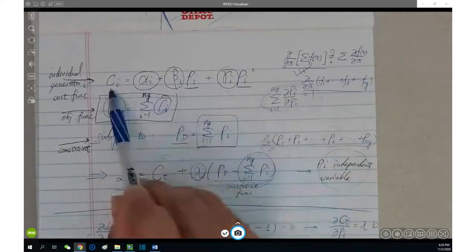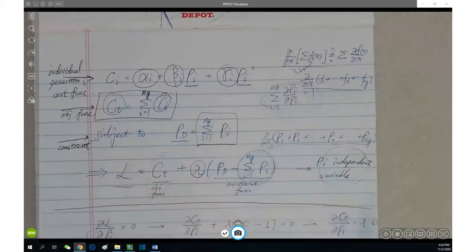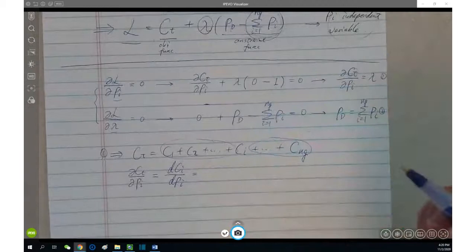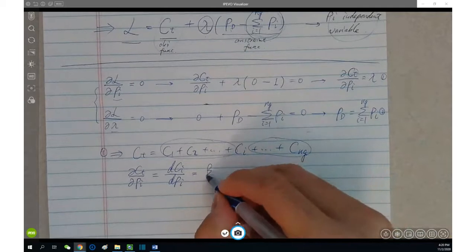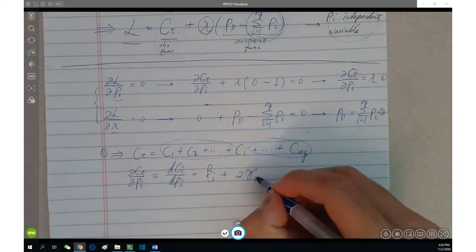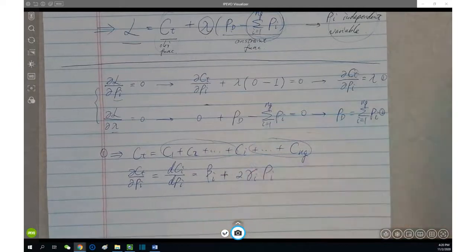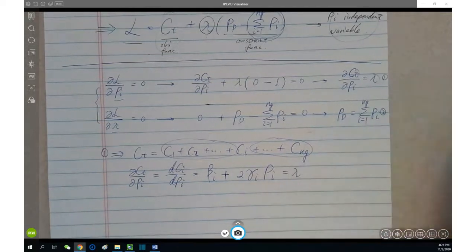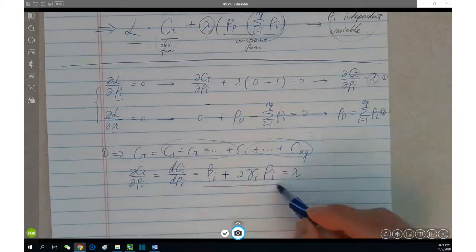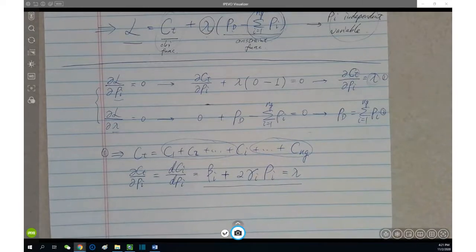So we are looking for the derivative of this guy with respect to pi. We end up with the result as Kevin did: beta I plus 2 gamma I pi equals to lambda. This is equation 1, after a little bit more derivation.